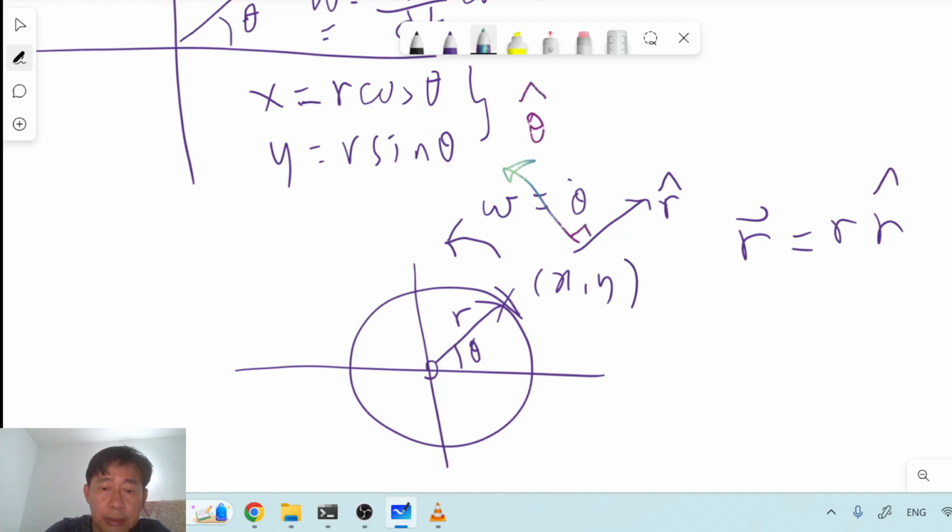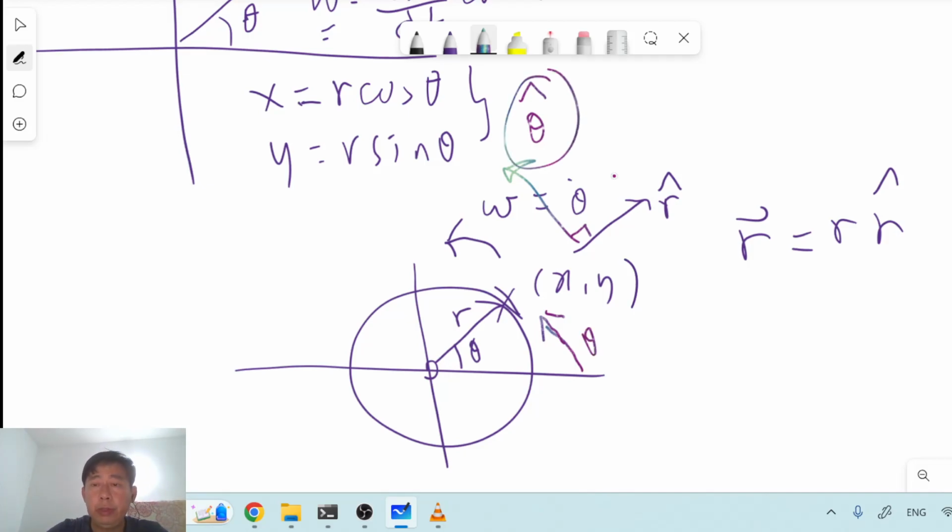That is, if the circular motion is moving in this direction, that means theta is increasing in this direction. Then the theta cap is pointing in the direction where theta is increasing.